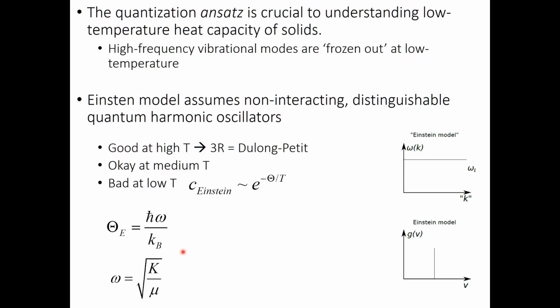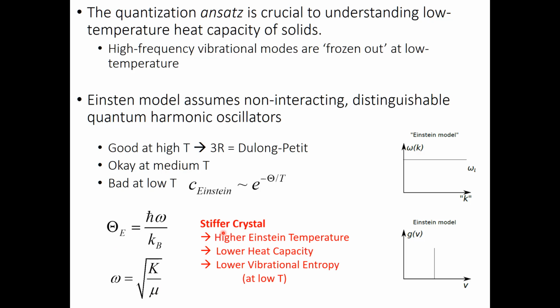But one thing that is valuable at the Einstein temperature is that you have this very nice relationship with the spring constant and the reduced mass. And in general, if you have a stiffer crystal, this is important, okay? If you have a stiffer crystal, you'll have a higher Einstein temperature, which will result in a lower heat capacity, right? So just think like diamond, okay? Diamond is a stiffer crystal, high Einstein temperature.